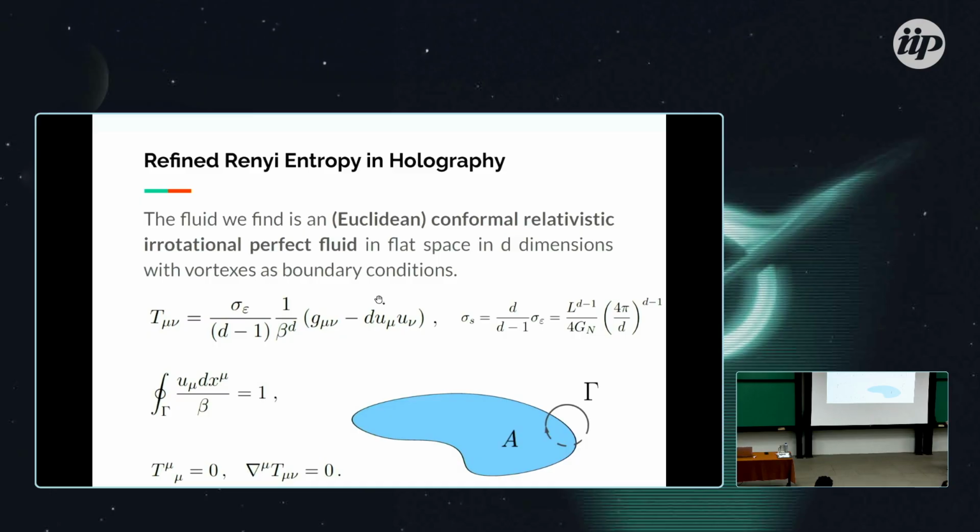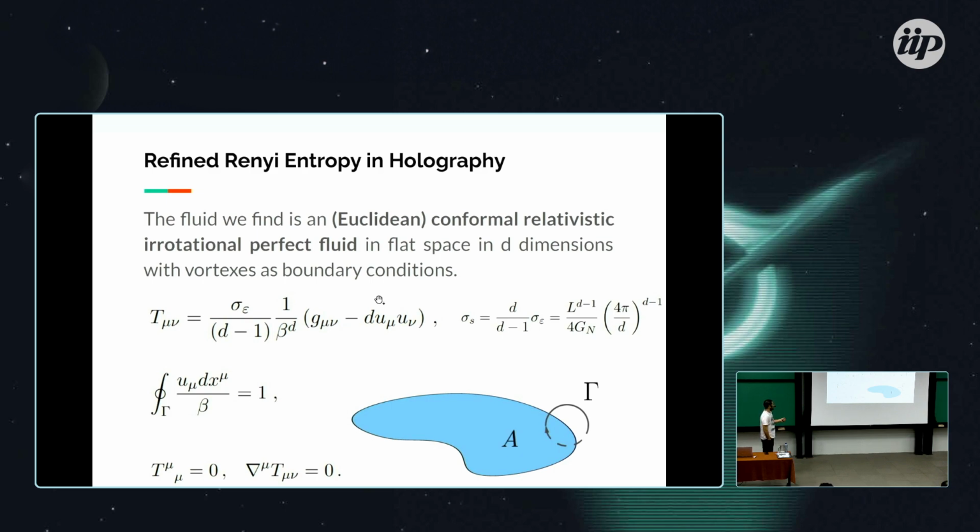This fluid is related to the entangling surface because in this n to 0 limit you have very strong twist operators inserted at the entangling surface. So this manifests in the fluid as vortices that appear in the entangling region.